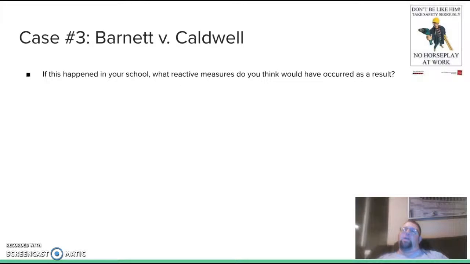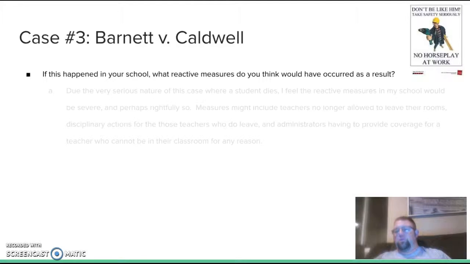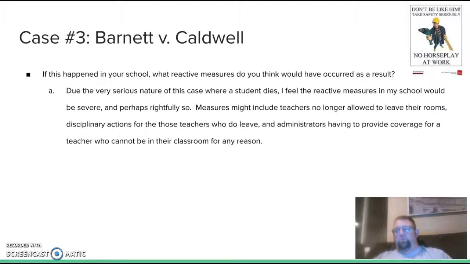The third case that I researched involved 2 students that were involved in horseplay while a teacher had left the room. And unfortunately, one of those students ended up dying due to that horseplay. They broke their collarbone, and that collarbone led to a lacerated blood vessel that in turn led to the student dying.